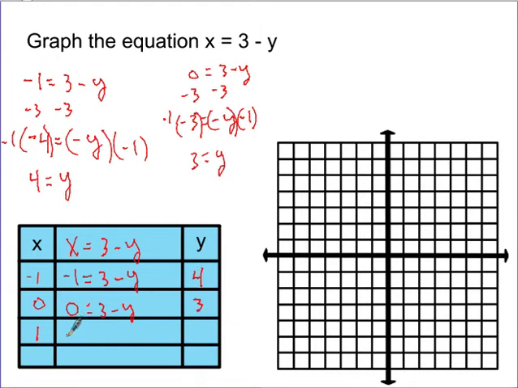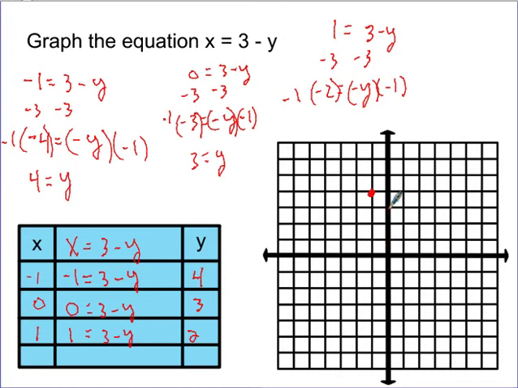And then 1 equals 3 minus y, subtract 3 again, -2 equals -y, and when we multiply by -1, the answer becomes positive. So it's a +2.